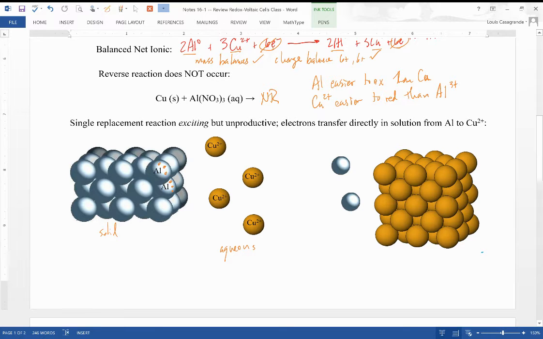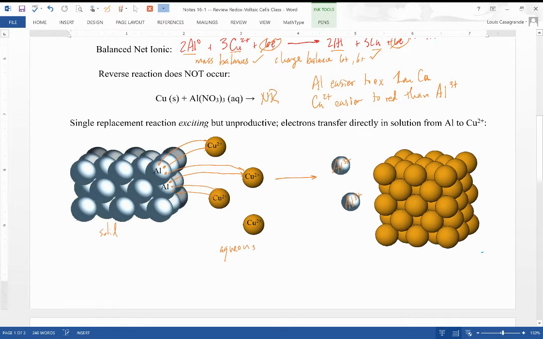And those 3 valence electrons get transferred over to the copper 2 plus. So 2 from that aluminum go to 1 copper. We have 2 from those 2 aluminums come to this copper, and 2 from that aluminum come to this copper. So we're transferring those electrons, and what we're making in the process is aluminum 3 plus.